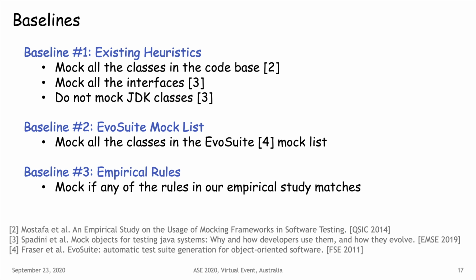It contains a list of candidates to mock on test generation, and we mock all the classes in this list. The third one is based on the rules in our empirical study. This is an aggressive approach which decides to mock if any of the rules match. By comparing with this baseline, we can see whether machine learning has made better mocking decisions.